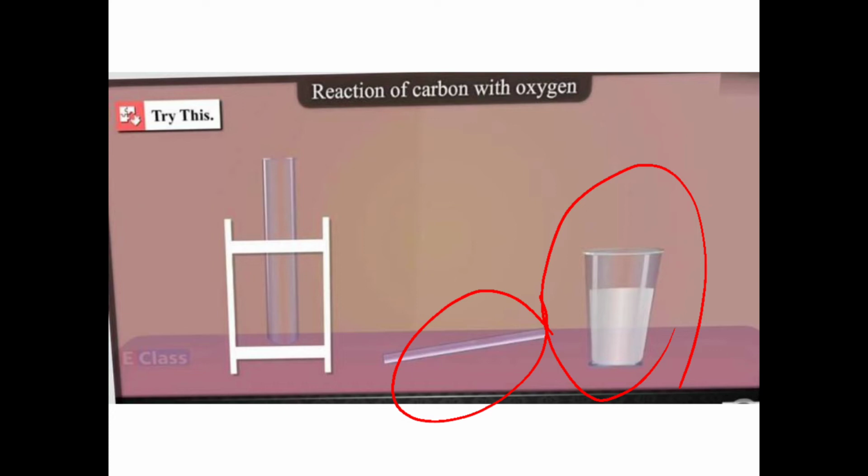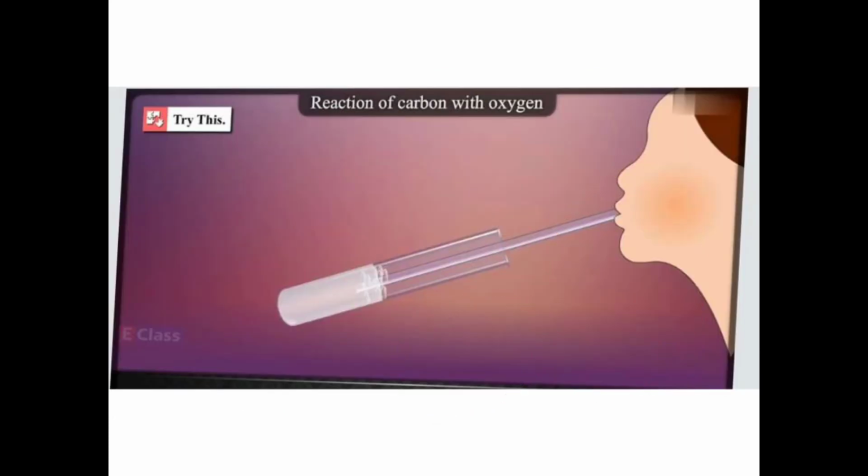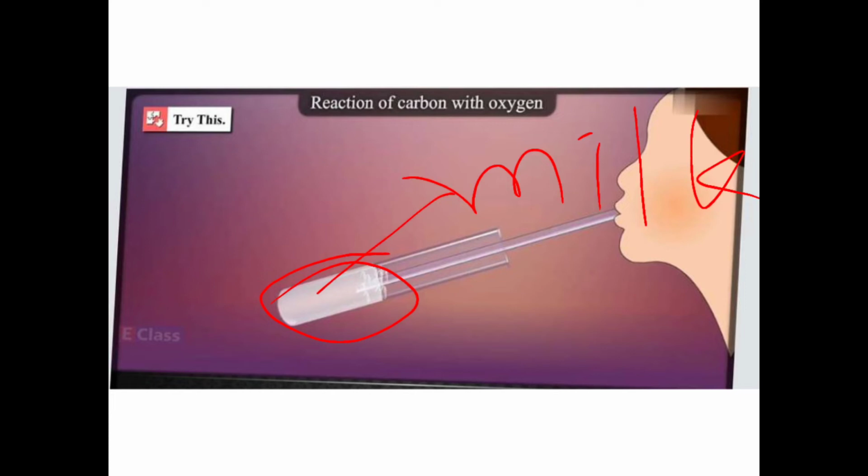So that lime water you will take and you are going to blow into it this way. You blow for a few seconds, and you will observe that this lime water turns milky. So when the lime water turns milky, it indicates the presence of carbon dioxide gas.